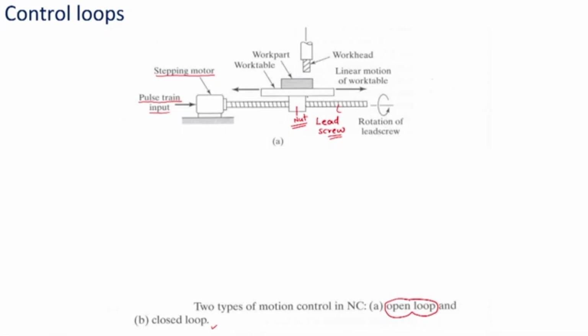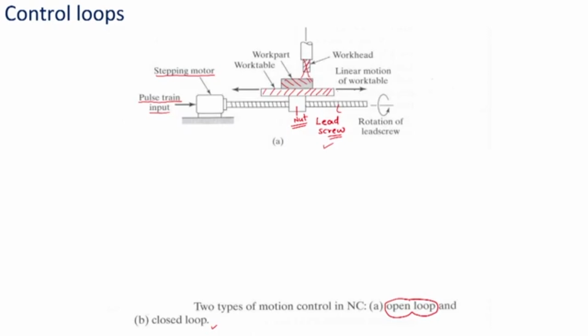So, in this case, can we have certain mechanism which will give the feedback whether the table is moving in a precise way or not? That is all dependent upon the rotation of the lead screw. The pulse train input is giving certain input, but whether that input is really getting converted into the desired rotations of the lead screw, that has to be monitored continuously.